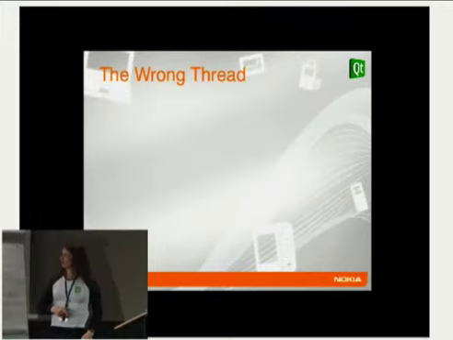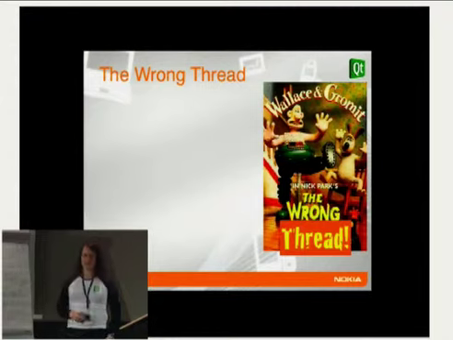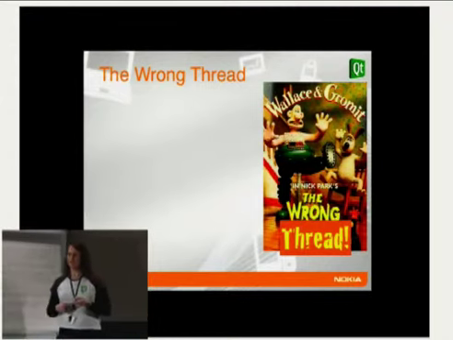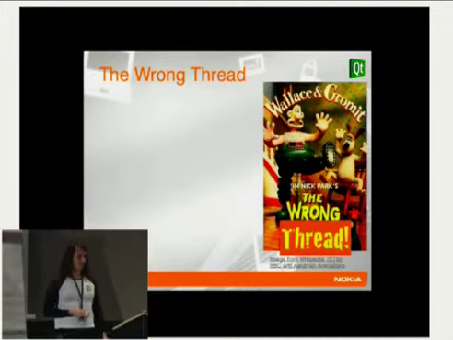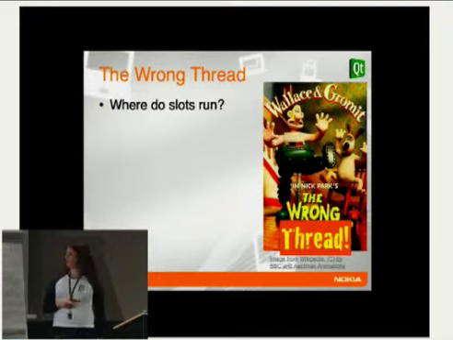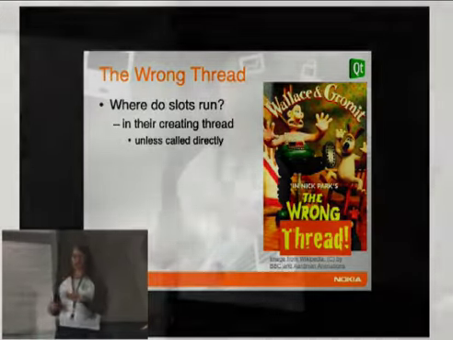So how do we tame this guy? This is the problem of the wrong thread. I've written this code, and what the hell is going on? Somehow my slot is being executed in the wrong place. Of course, the way we should think of this is that slots actually run in the creating thread, unless you call them directly, so don't do that.